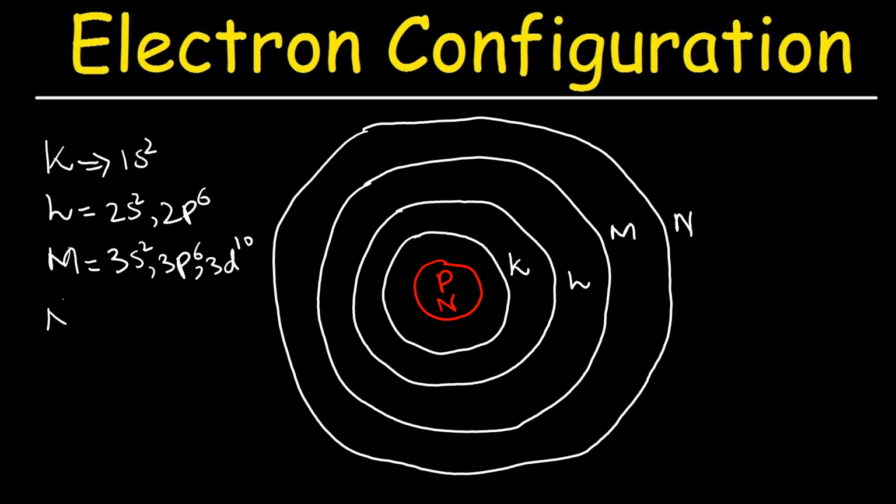Similarly, the N shell has four subshells, known as 4s2, 4p6, 4d10 and 4f14.